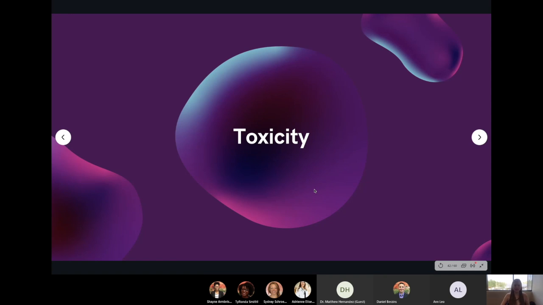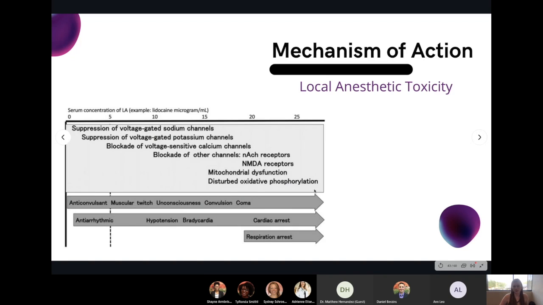So, toxicity. Local anesthetic systemic toxicity is abbreviated LAST and recognized as the last adverse event. As we discussed previously with local anesthetic pharmacokinetics, they act on voltage-gated sodium channels inside the neuron.